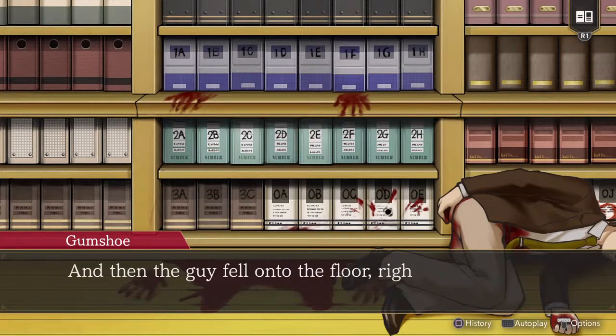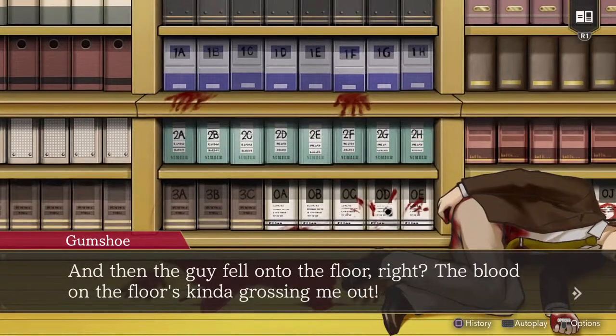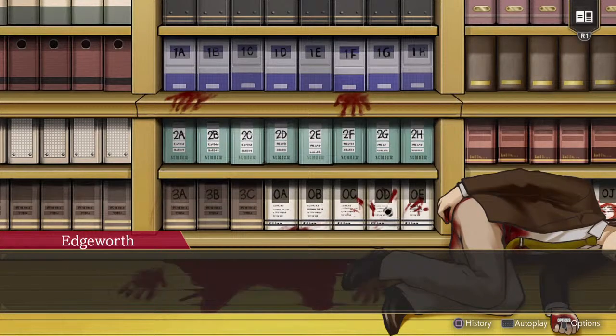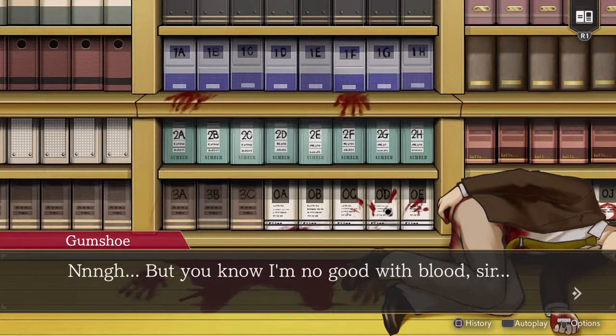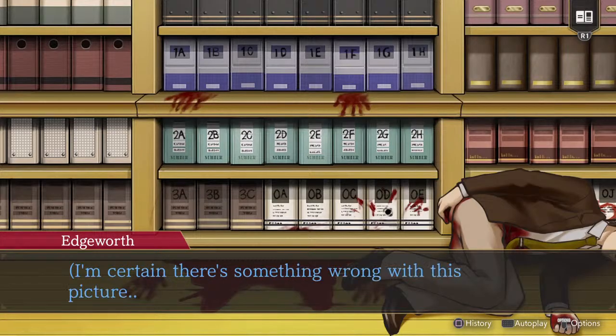Shelf. Then when the guy fell on the floor, right, the blood. I don't have the time to deal with your weak stomach right now. But you know I'm no good with blood, sire. I'm certain there's something off about this picture.